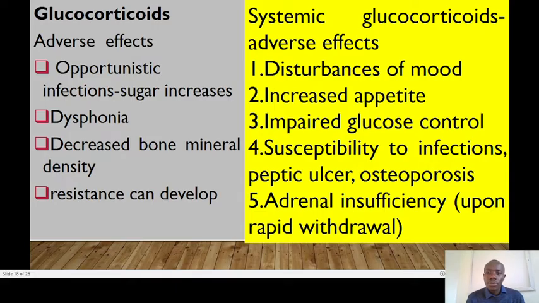Others could have dysphonia, decreased bone mineral density, and resistance can also develop. Okay, so we have disturbance in mood, increased appetite, impaired glucose control, susceptibility to infections, and adrenal insufficiency upon rapid withdrawal.